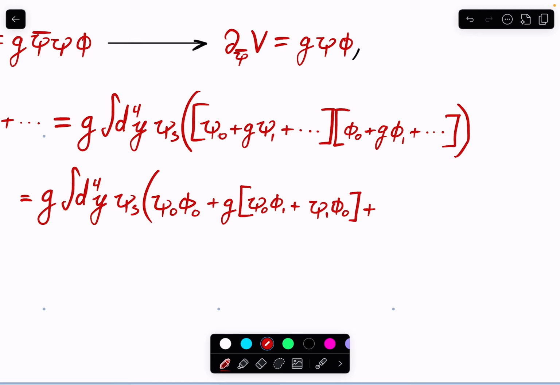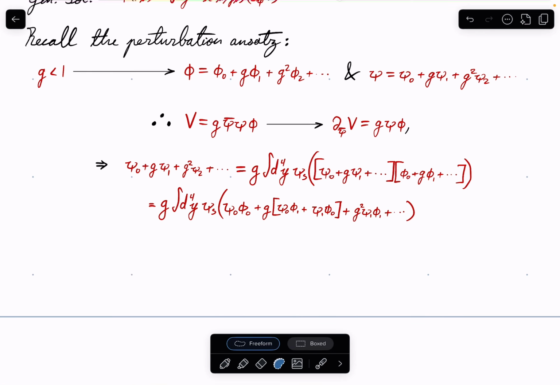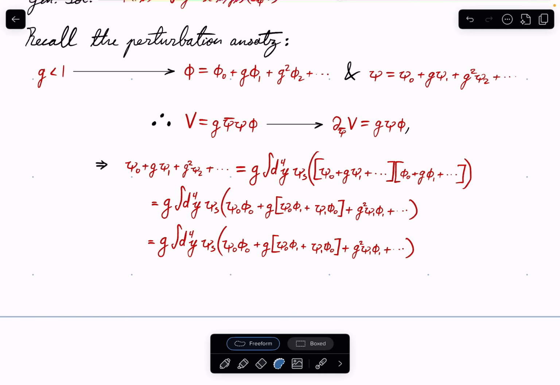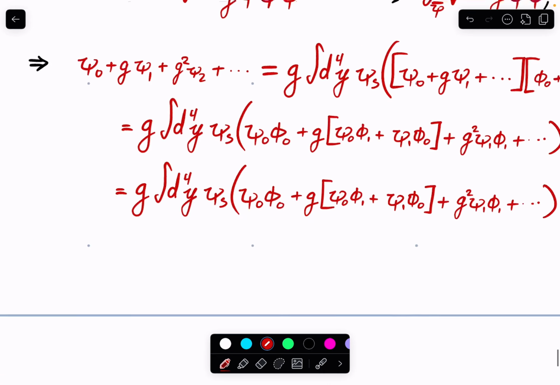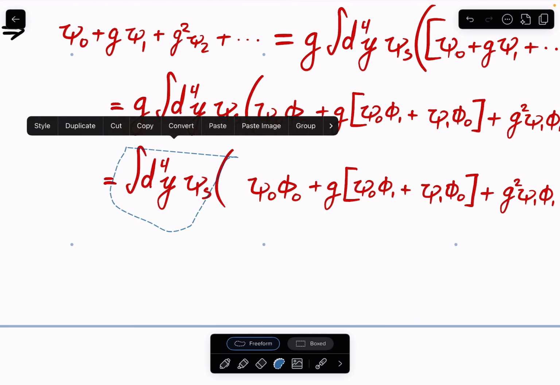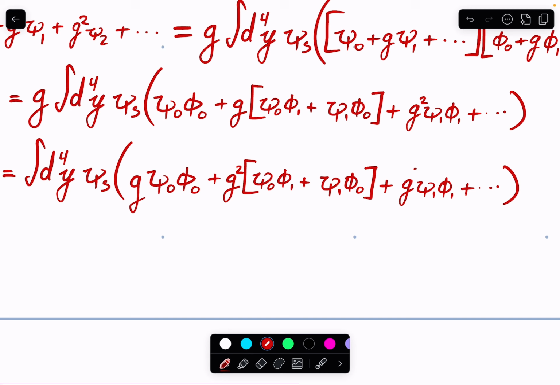Then for G squared, we're just going to end up with C1 phi 1 and so forth. Now, we can expand this G into this. So expanding the G inside, and get G here, G squared, and G cubed.